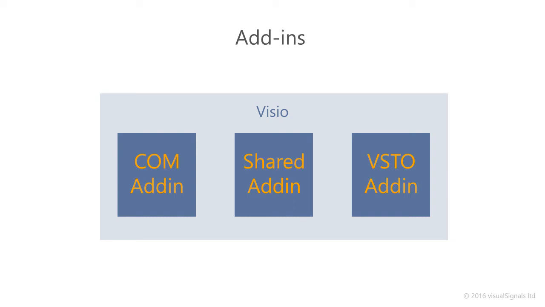COM add-ins are created using unmanaged code such as VB6 or C++, while shared add-ins allow code to be written in managed .NET code. Shared add-ins suffer from two main issues. Firstly, multiple add-ins are placed into the same default app domain. This means that if another add-in generates an unhandled exception, it can bring down all other add-ins in the same app domain.